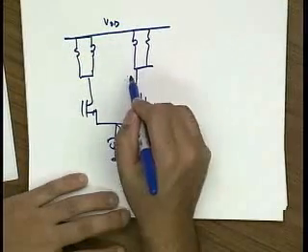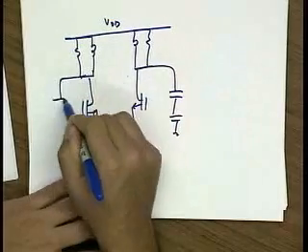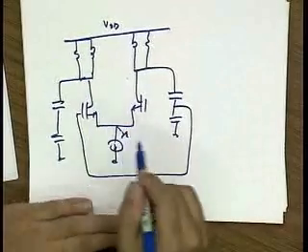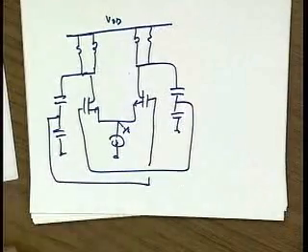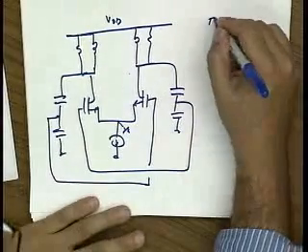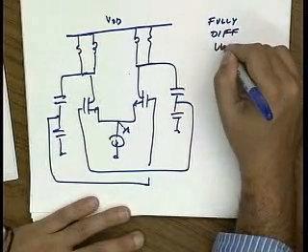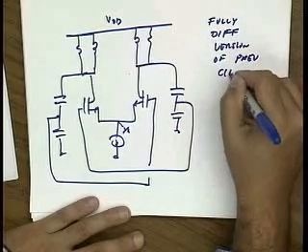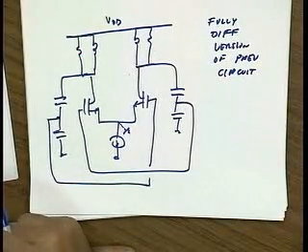And so now I can take this side and this side and feed this back over here and feed this guy back over here. Okay? So this is a fully differential version. So what's the benefit to doing that?